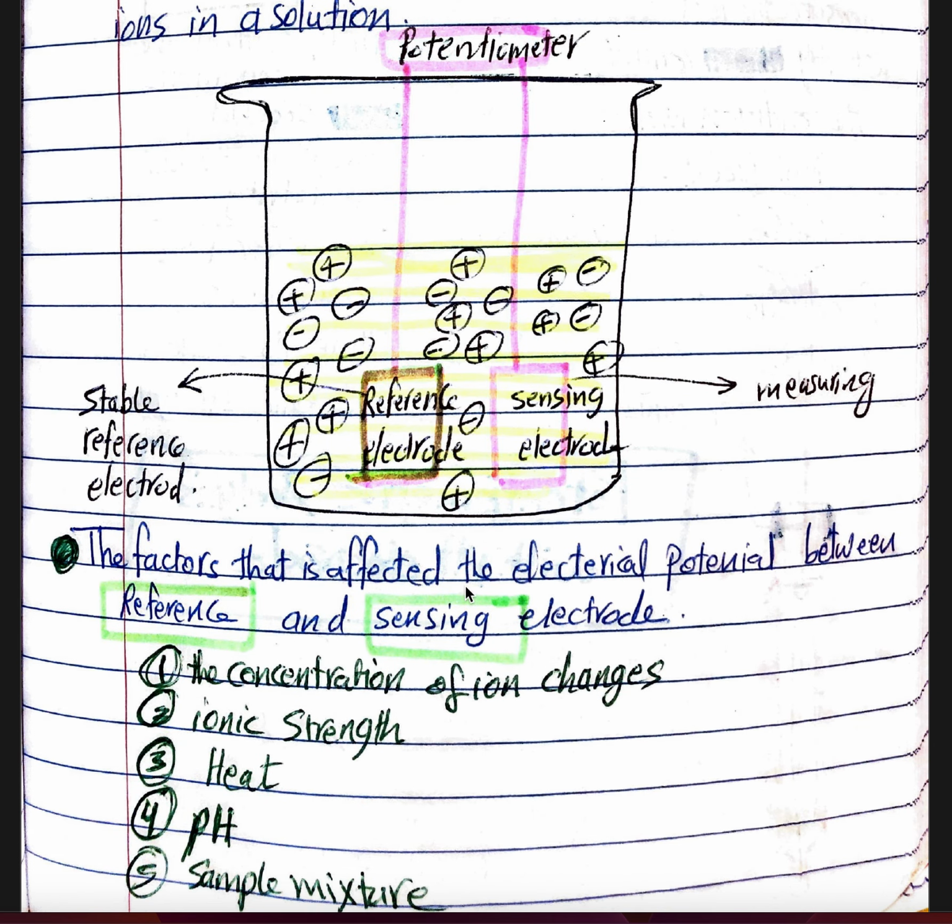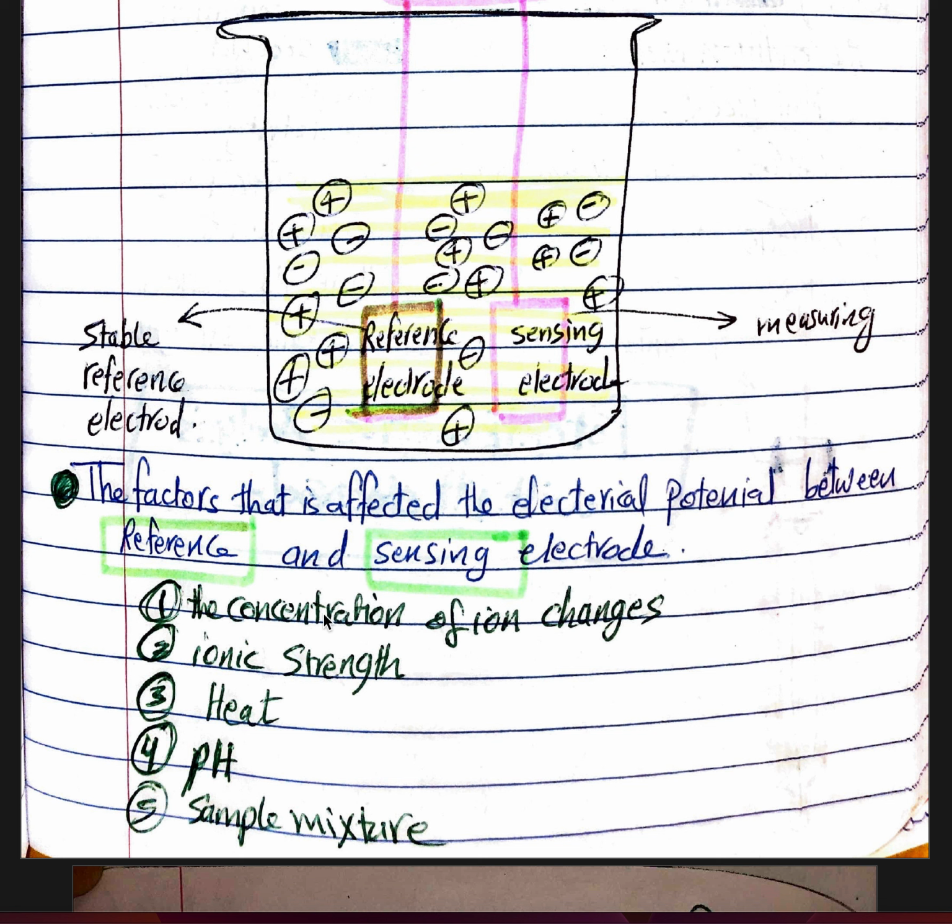Many factors affect the electrical potential between the reference electrode and the sensing electrode. The first one is the concentration of the ion exchanges, how they change. Then there are also the ionic strength, the heat, the pH, and the sample mixture.